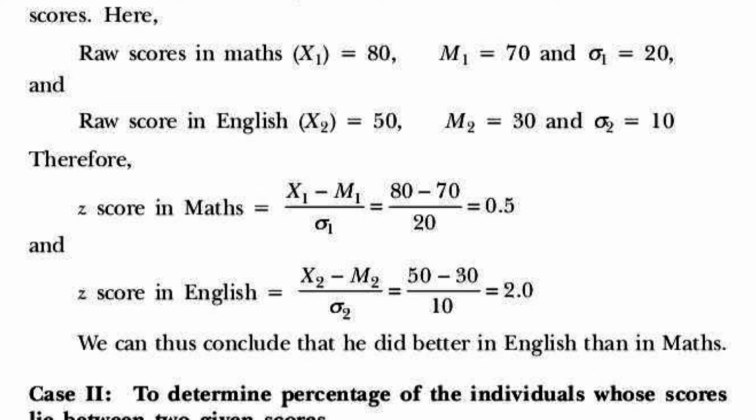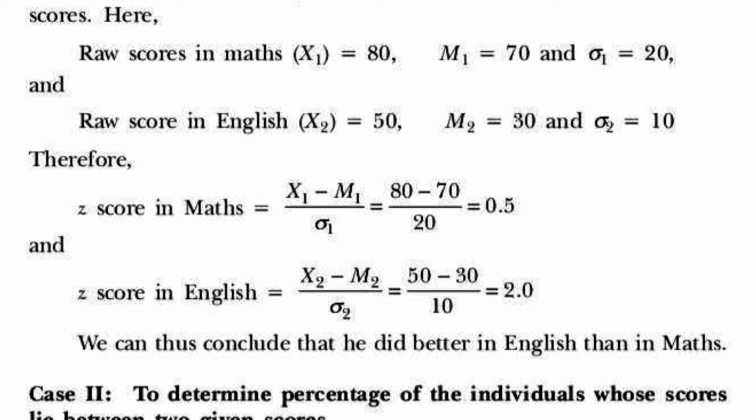Again you have to convert the raw score of English into z-score. Again you have to use the same formula, x2 minus m2 divided by sigma 2 is equal to, you put the values in the formula and you will get the sigma score as 2.